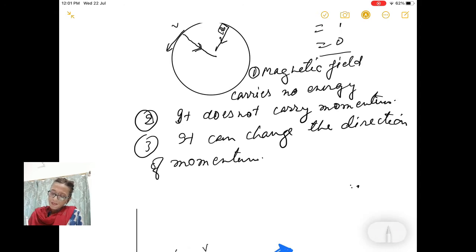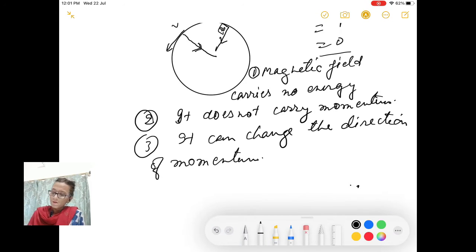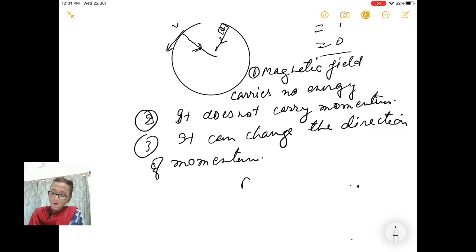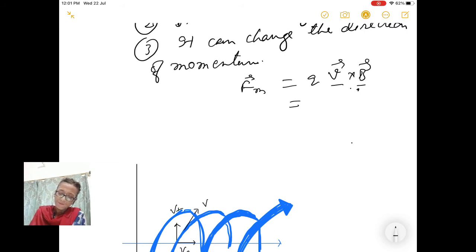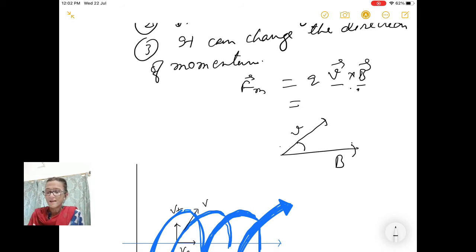Okay, let me take some space. Let us write once again the formula of magnetic force: F = qv × B. Now suppose here you have a magnetic field, and v is in a direction which is neither perpendicular nor parallel to the magnetic field.